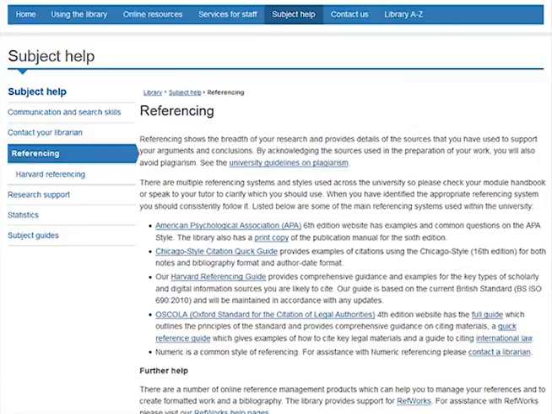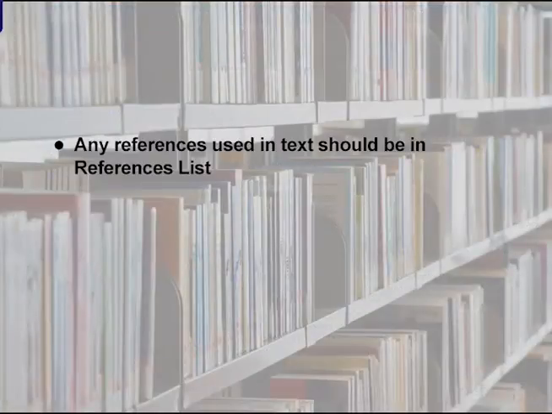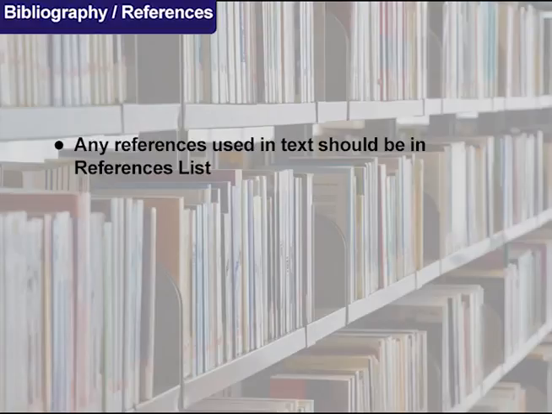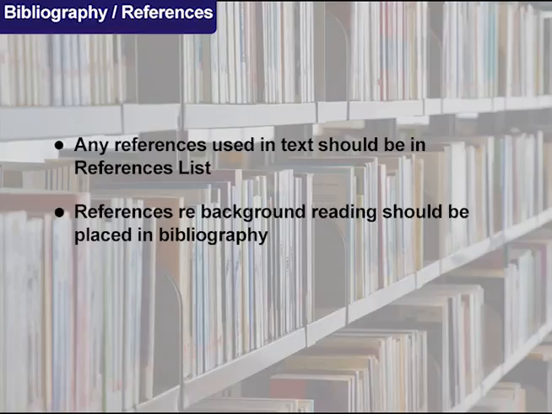Very clear information is given on this website. Any references used in the text should be noted alphabetically in the reference list if you are using the Harvard system. Any references considering background reading and that are not mentioned in the text should be placed in a separate list called the Bibliography.